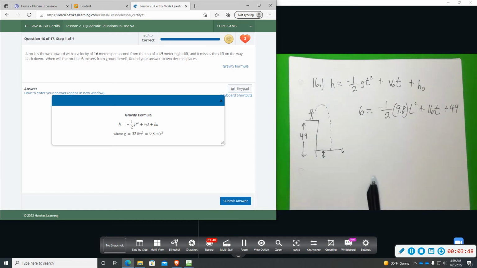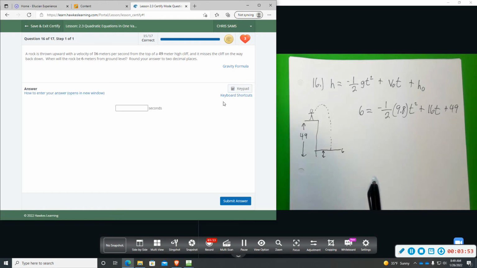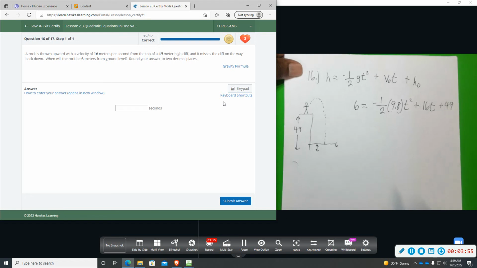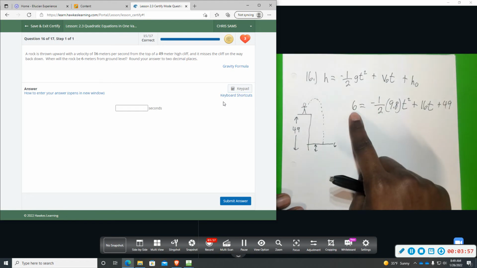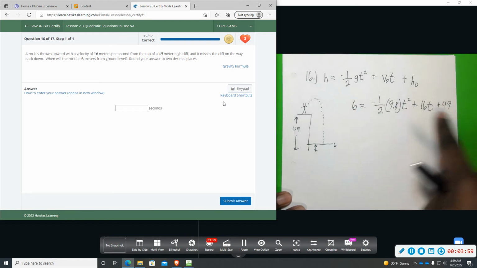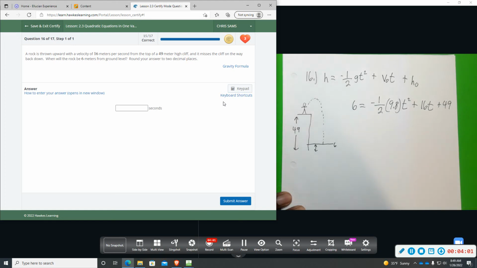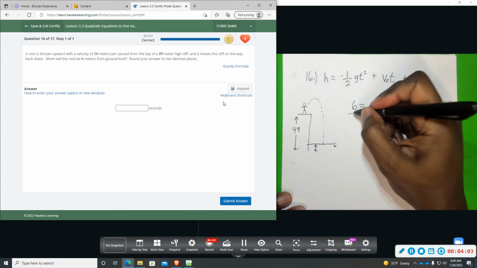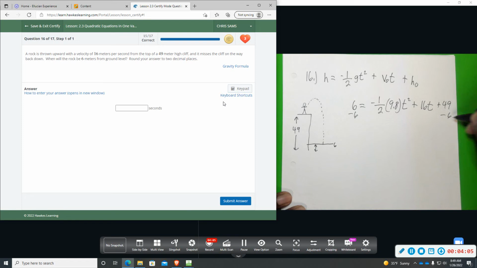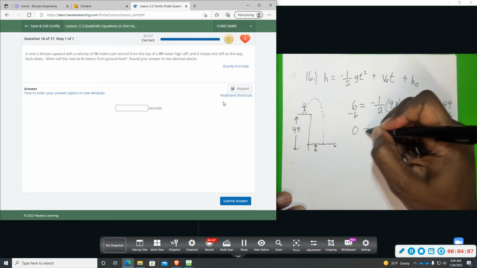And I'm thinking we're going to use the quadratic formula. Probably going to be the easiest and the most sure way to get the answer. So I'm going to start simplifying. I'm going to subtract 6. I'm going to multiply this together and simplify everything. So if I subtract 6 from both sides, it's going to leave one side with 0 equals.